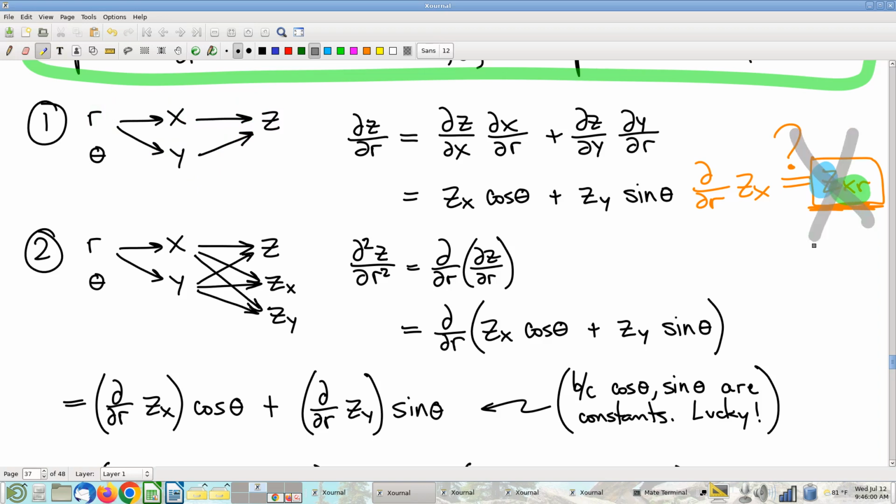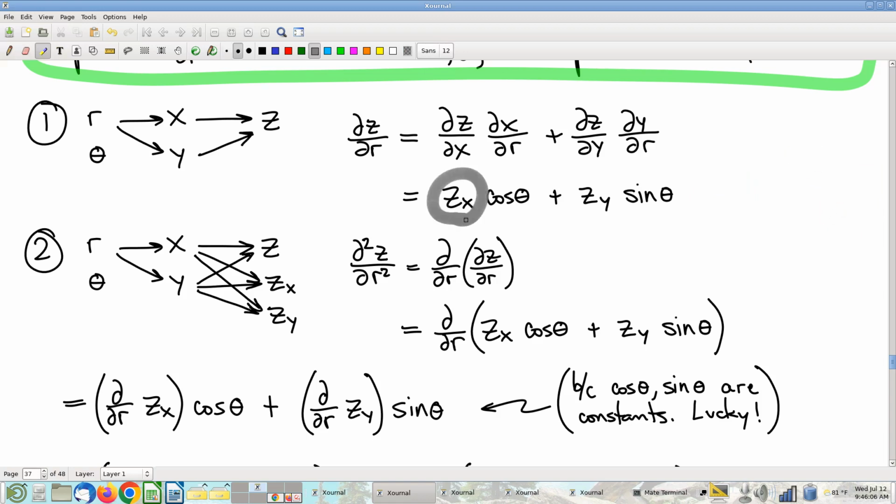This is total garbage. What you've got to do is recognize that this thing, zx, that we want to take a derivative of with respect to r eventually, is an expression. It's a variable in this diagram. It's a function of other things. What is it a function of? And then we can talk about how the diagram will instruct us to actually take partials of it.